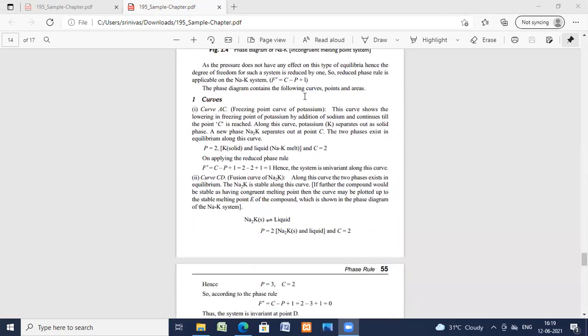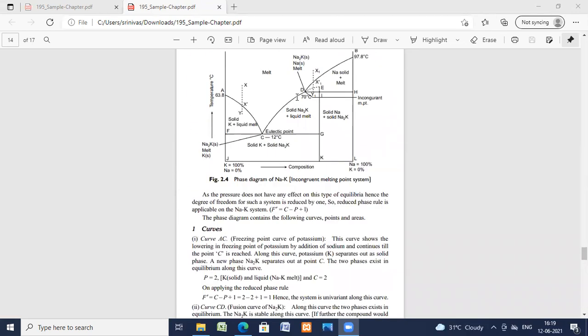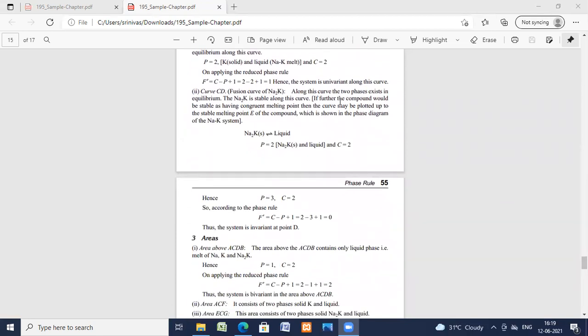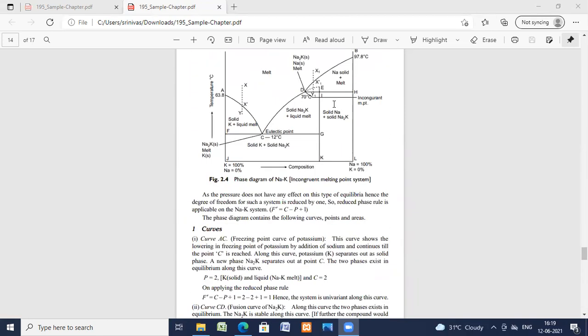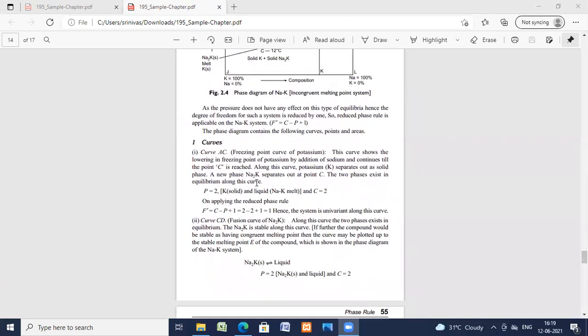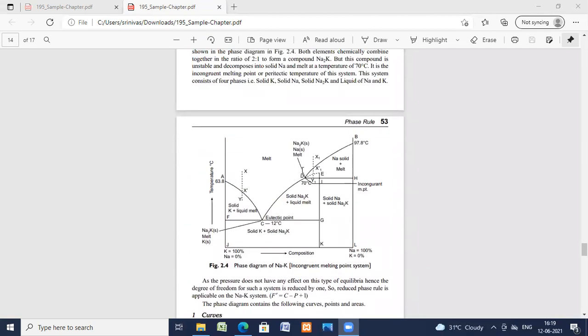The areas are ACDB, area ACF, and area ECG and BDH. This is one area, this is the second area, and this is the third area.